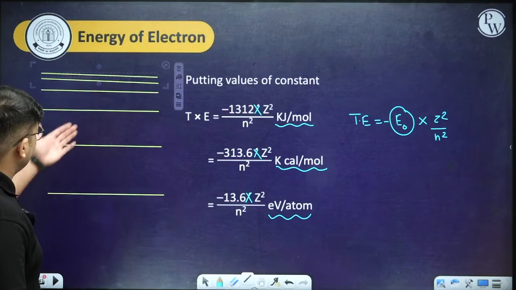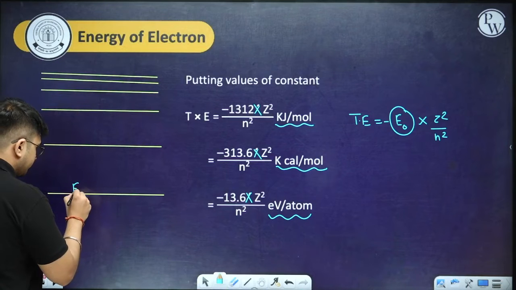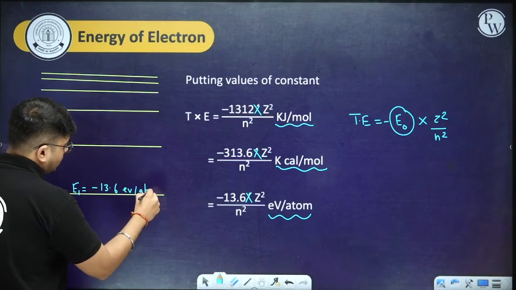That's how you can draw the different values. Now if I talk about this E1 value, that will be minus 13.6 electron volt per atom.